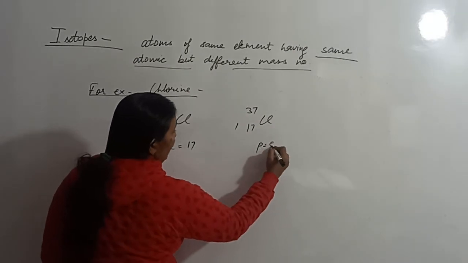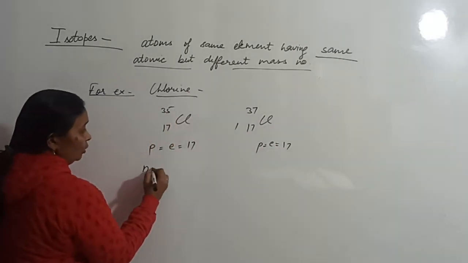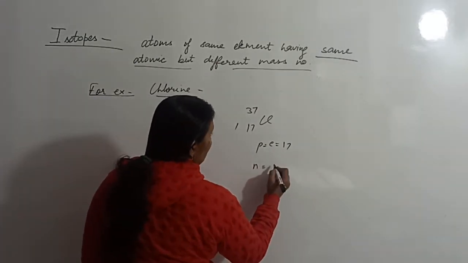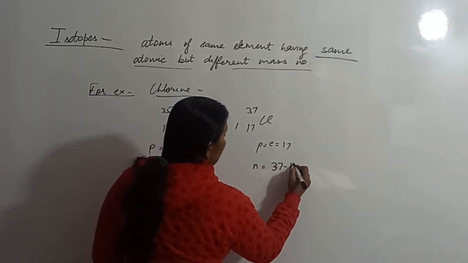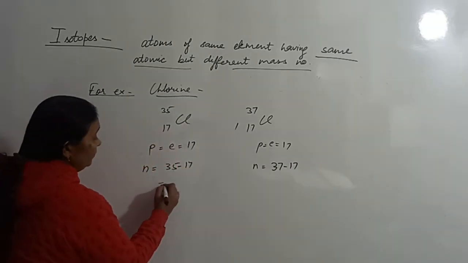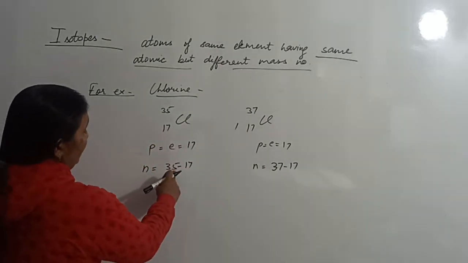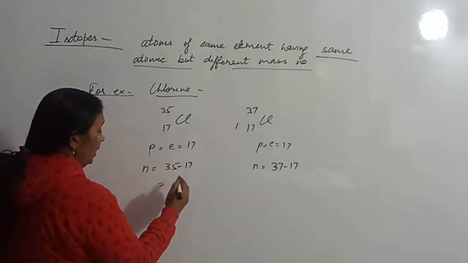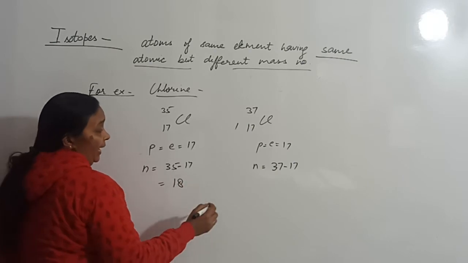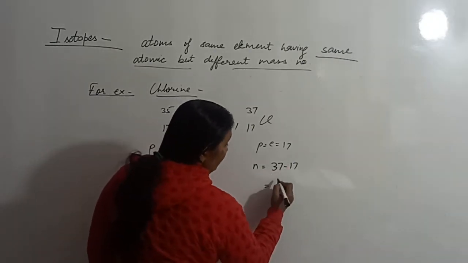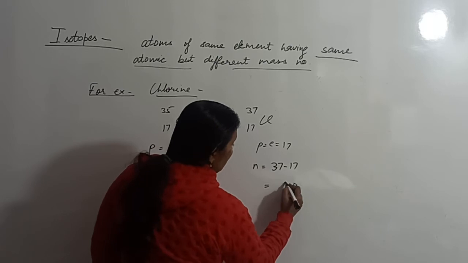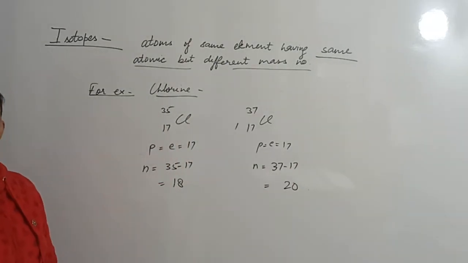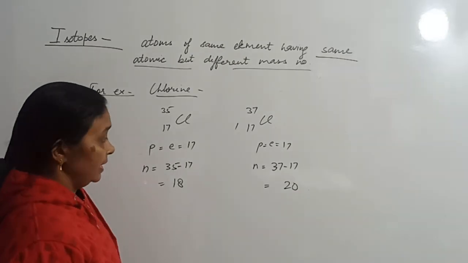In this also proton and electron 17, and number of neutrons will be 35 minus 17, which is 18, and here neutrons will be 37 minus 17, which is 20 neutrons. So here again the number of neutrons is different in the isotopes, you can very clearly see.